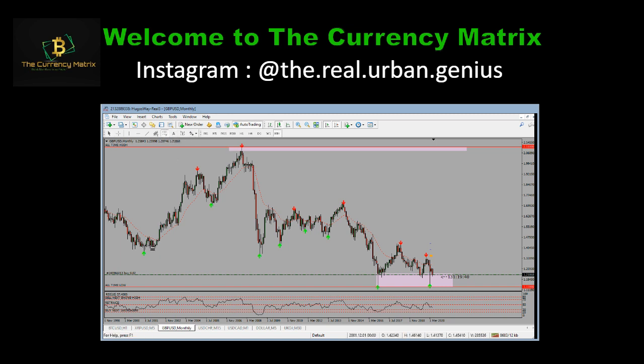Now, of course, we'll use our Fibonacci. Using our Fibonacci, we know we have to go from left to right. The first identifiable swing, from left to right, is right here. So let's go ahead and hit that key level. We see where it's at, 1.3704. We'll round that to 1.37.